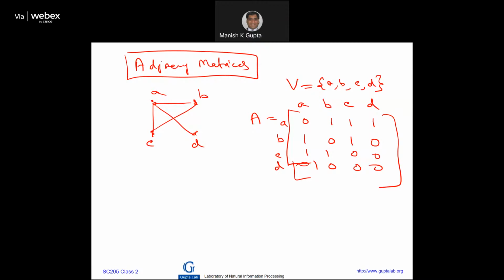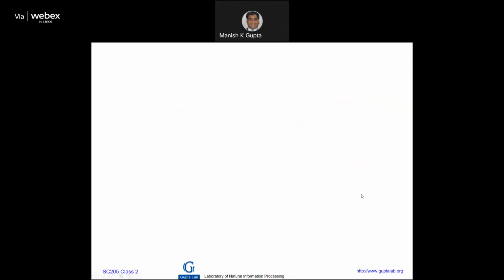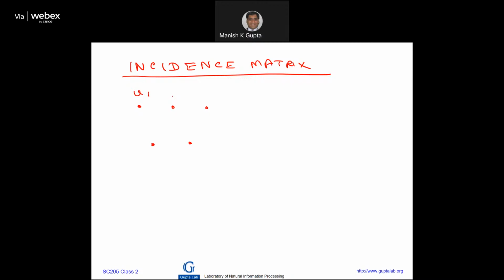Okay. Next representation is the incidence matrix. Again, I'm going to write a graph. If I would have used slides, probably it would be an easy thing anyway. V1, V2, V3, V4, V5.